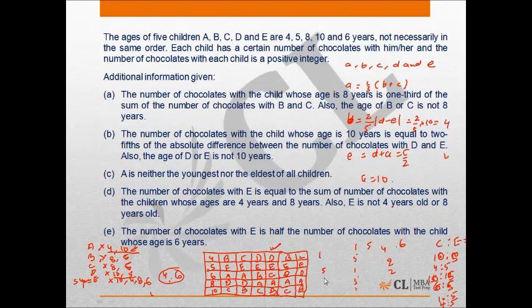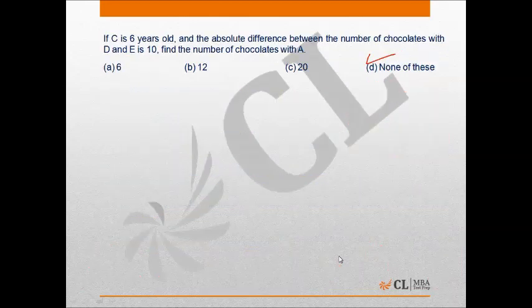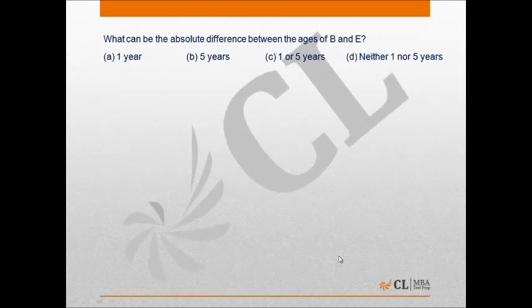In the third case again 1 year. In the next case 5 years. Again one and then five. So the absolute difference between ages of B and E is either 1 or 5 years. So option C is the correct answer.